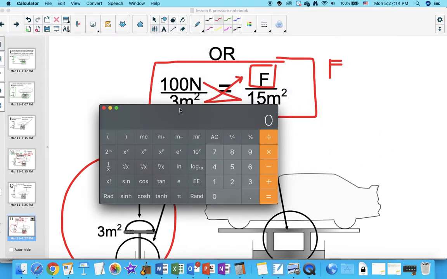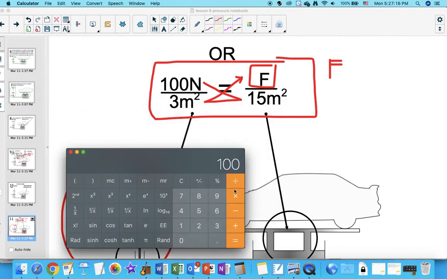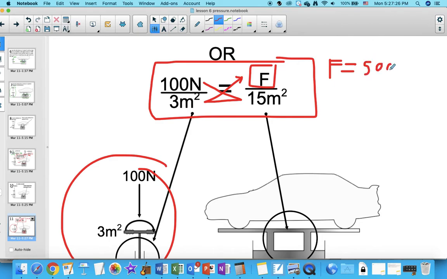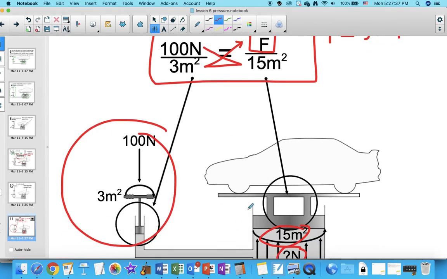So again, 100 times 15 divided by 3 is 500. So we're applying a force of 500 newtons. You can see how much more force we've just applied. We have multiplied the amount of force by 5 times in this setup.